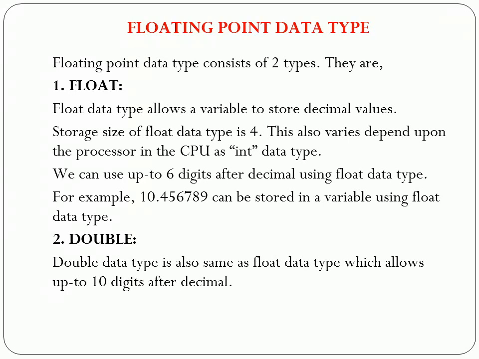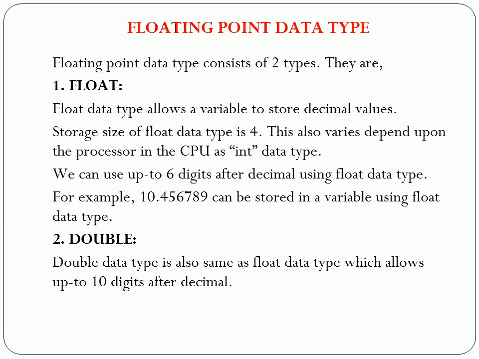And here, if we declare a variable as float data type, then we can have 6 digits after the decimal point. For example, 10.456789. So after the decimal point we can have 6 digits if we declare a variable under the float data type.